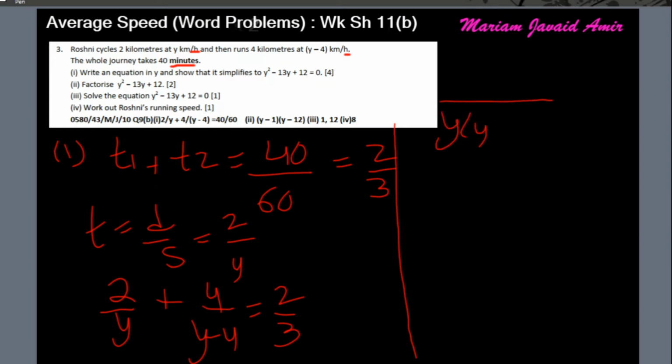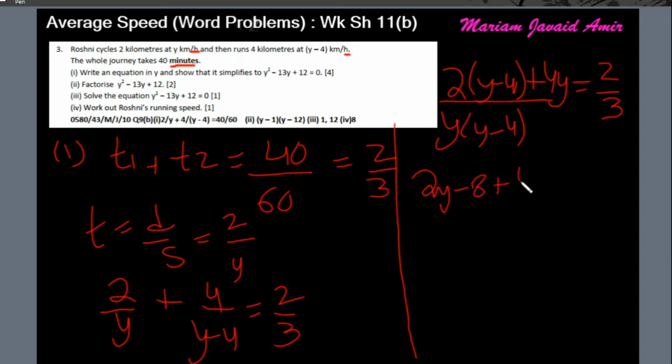Cross multiply, taking the LCM first. y minus 4 is the LCM. So 2 times y minus 4 plus 4y equals 2 by 3. This becomes 2y minus 8 plus 4y, times 3, equals 2 times y squared minus 4y.